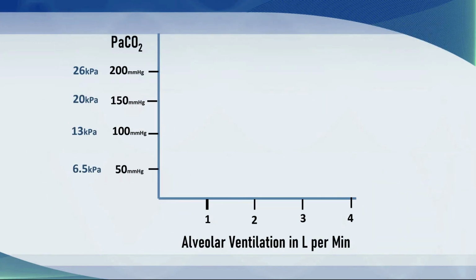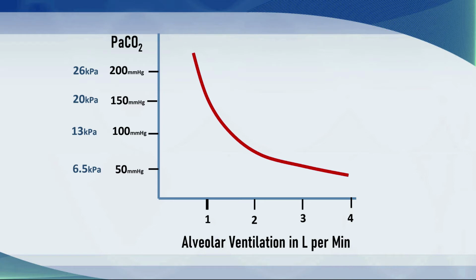What I have here is a curve that demonstrates the relationship between alveolar ventilation and the rise in the CO2 that results. So as the alveolar ventilation drops, and we saw this in the tutorial on ventilation, the partial pressure of CO2 in blood goes up.